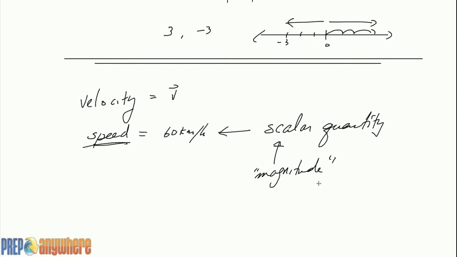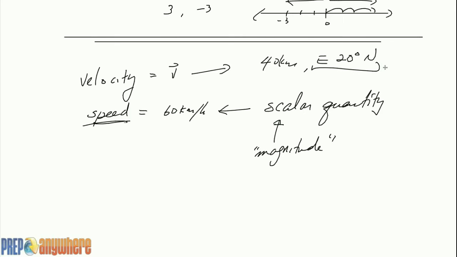If you want to describe velocity, you have to do it in the following way. Let's say you say 40 kilometers per hour, but you're going east 20 degrees north. You have to give it direction like this. Otherwise, it wouldn't be a velocity. This notation is very popular in physics. It means east 20 degrees north.